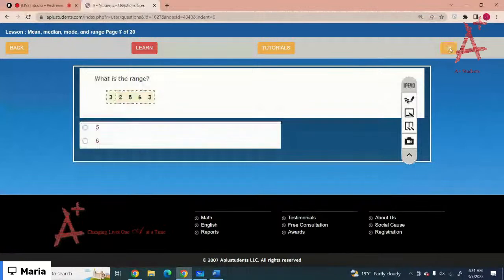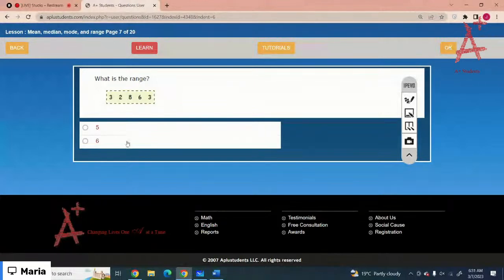Okay, what is the range of the data? So what is the range? The maximum, the greatest number is 8. The least one is 2. So 8 minus 2 is 6.